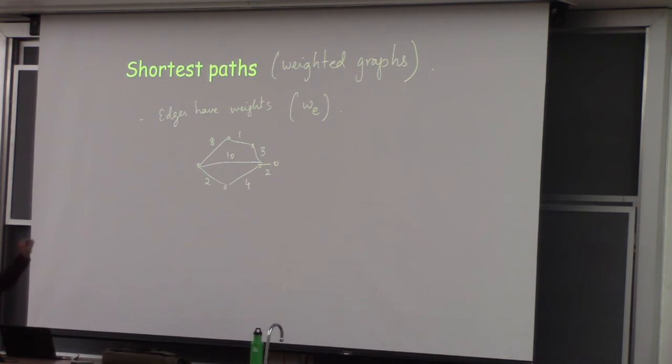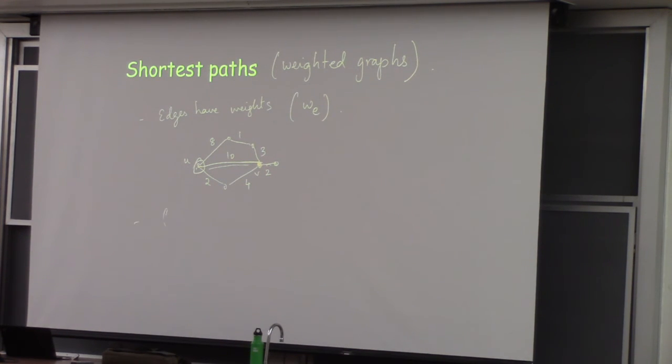The problem here is, if you just do a breadth first search, starting with this vertex, and you want to find the shortest path between this and, for now, this V, then a natural breadth first search won't give you the right answer. In the first step you will see this as being reachable with a length 10 path. That's not the shortest path, because 2 plus 4 is shorter.